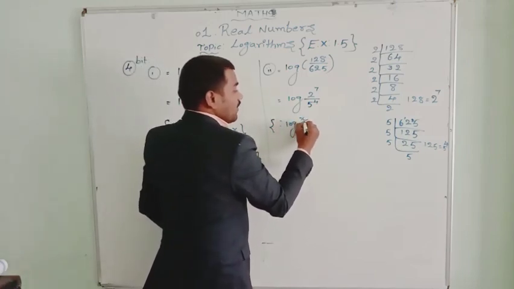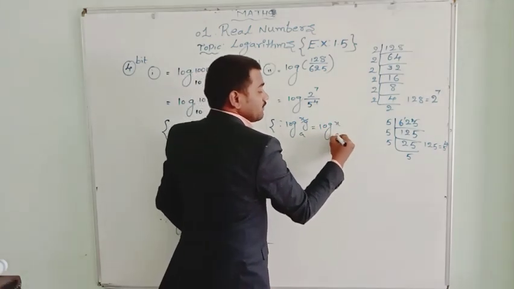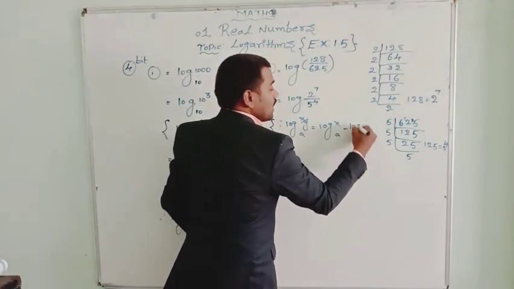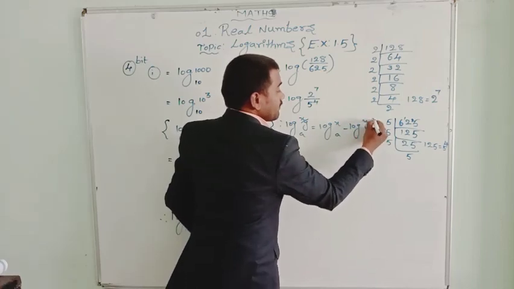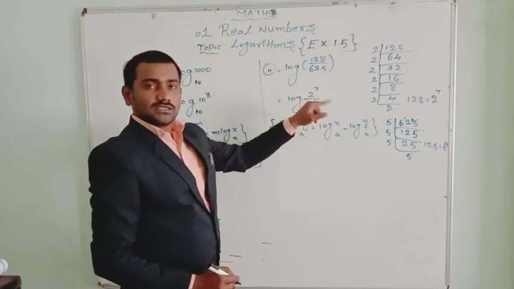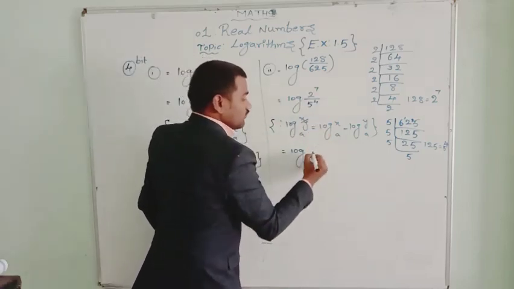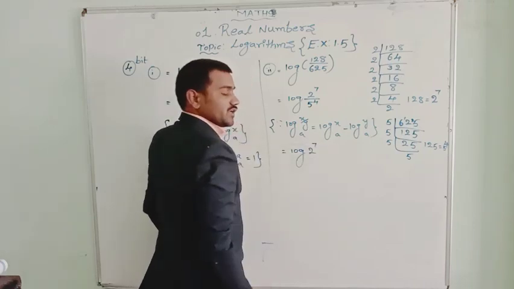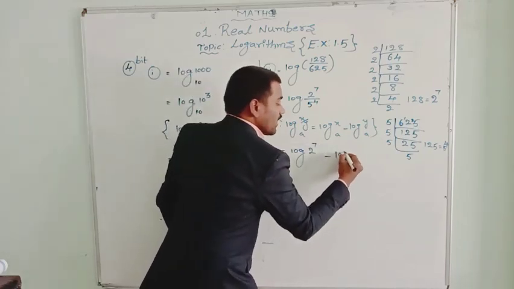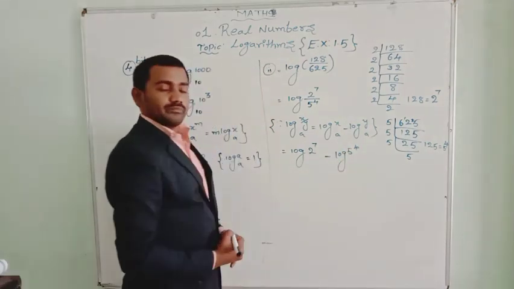The quotient formula says log x by y equals log x base a minus log y base a. So let us write log x, where x is nothing but 2 to the power of 7: log 2 to the power of 7 minus log y, that is log 5 to the power of 4.